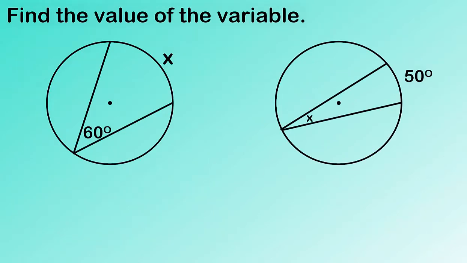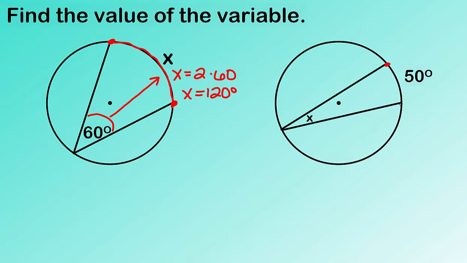So we'll try some examples here. X represents my intercepted arc, 60 degrees being my angle. And I know that X has to be twice that angle. So X would be 2 times 60, or 120 degrees.